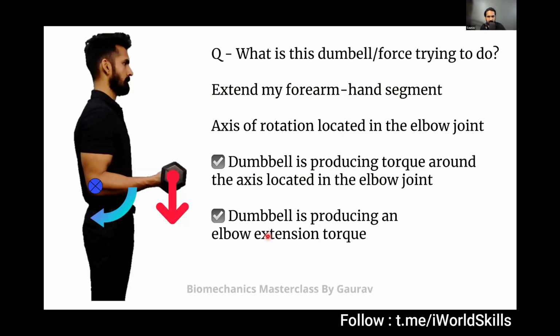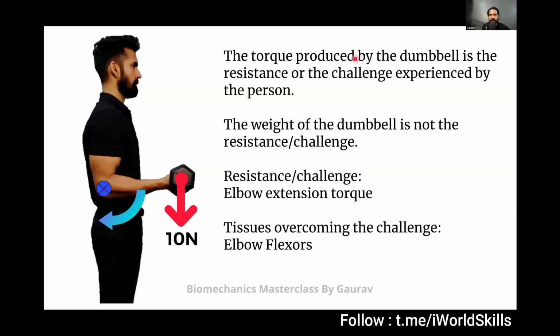See, the dumbbell is producing elbow extension torque, and your elbow flexors are fighting this elbow extension torque, which means the torque produced by the dumbbell, or the external force, is the actual resistance or the challenge experienced by the person.